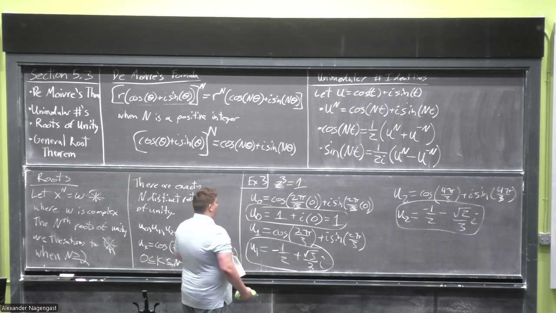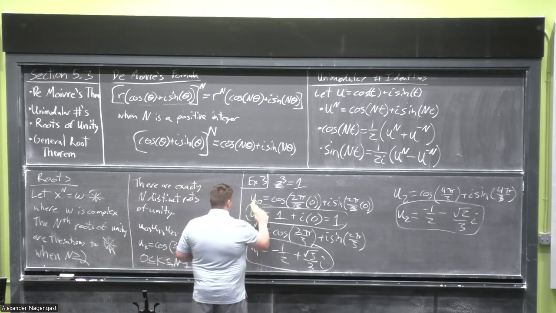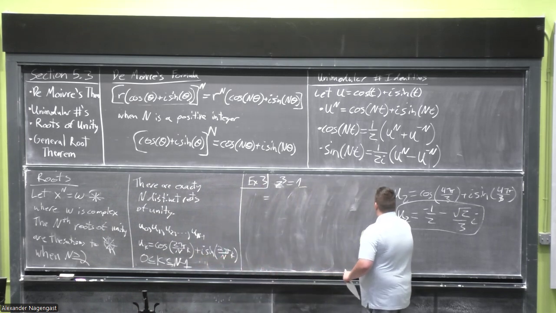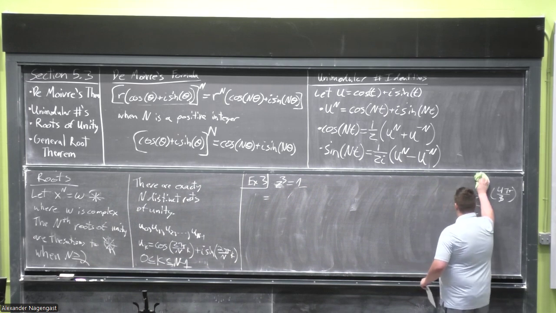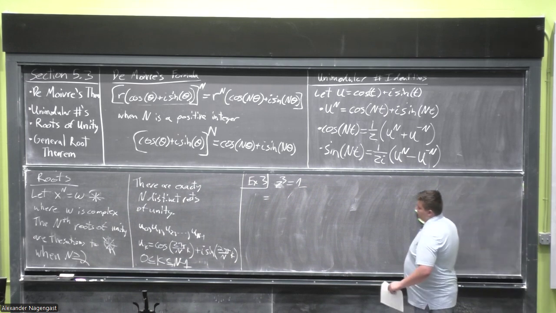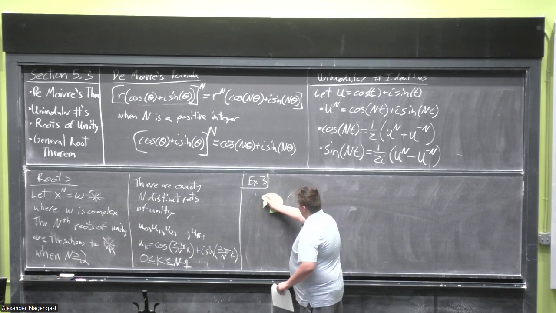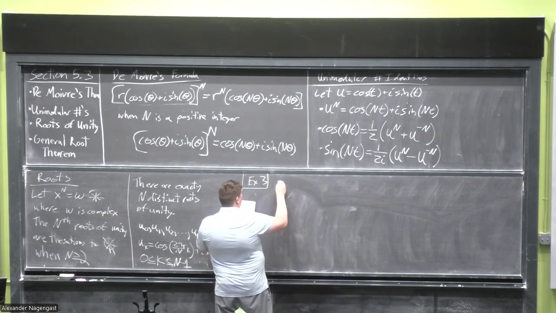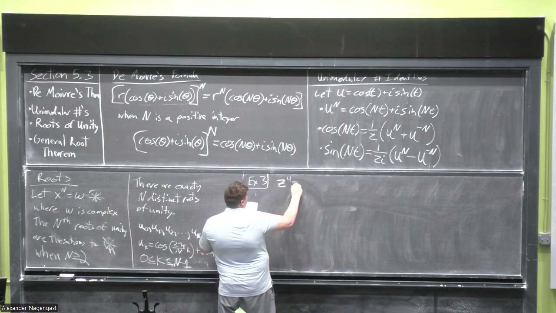So let's take a look at the quartic now. So we have z to the 4th is equal to 1.